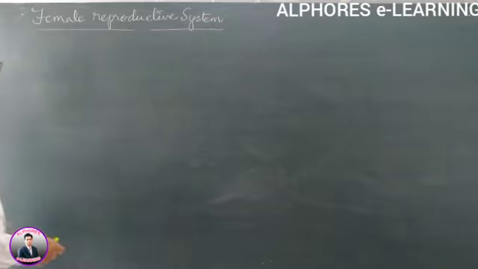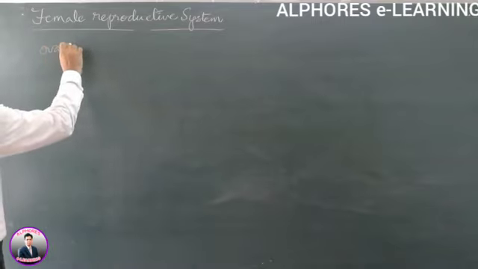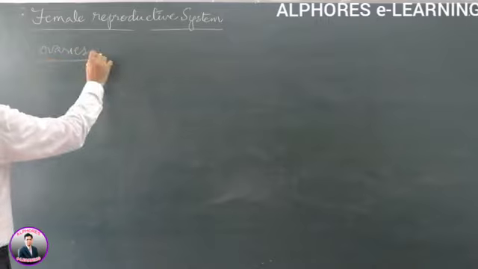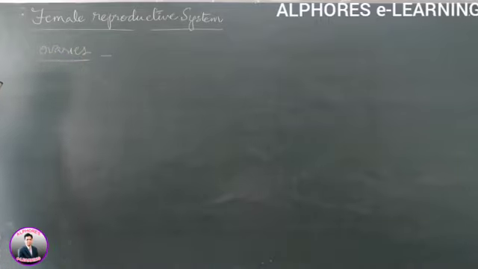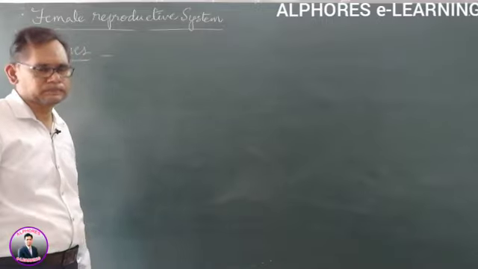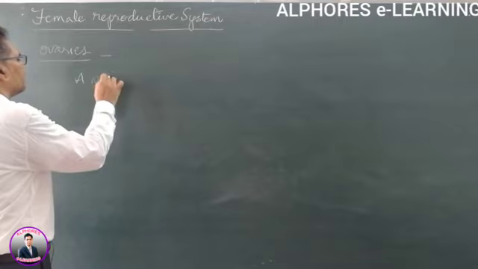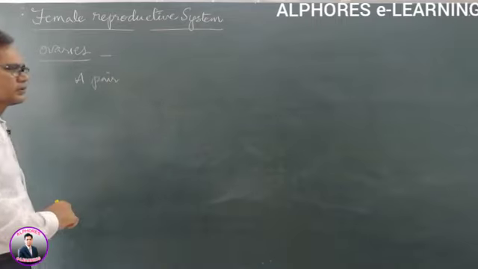Now first, the ovaries, the primary sex organs. Ovaries are a pair. Where are they present?